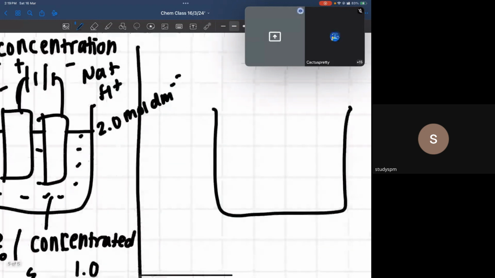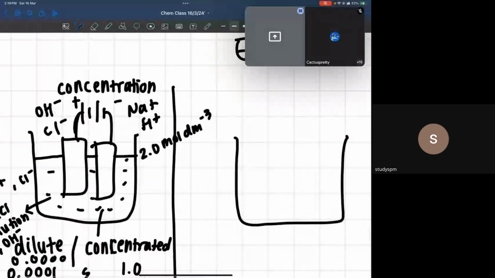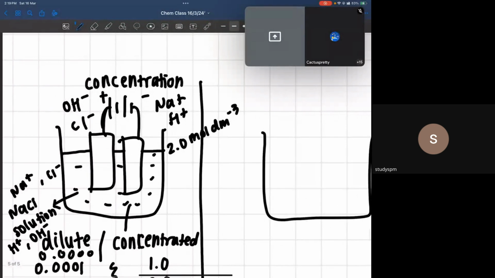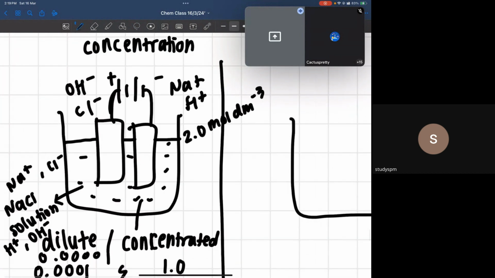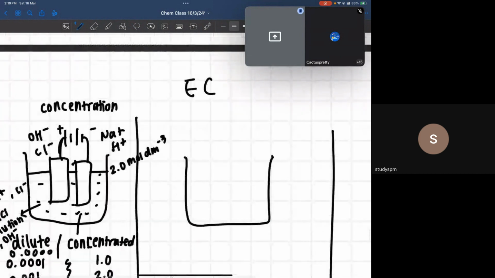Okay, now we know that the solution is very concentrated. So the first factor is concentration. What do you mean by first factor is concentration? The factors that we're looking at today, which are the 3, all refer to the anode and not only. For cathode, all the time in the universe, we use the E value. E value is the standard electrode potential.